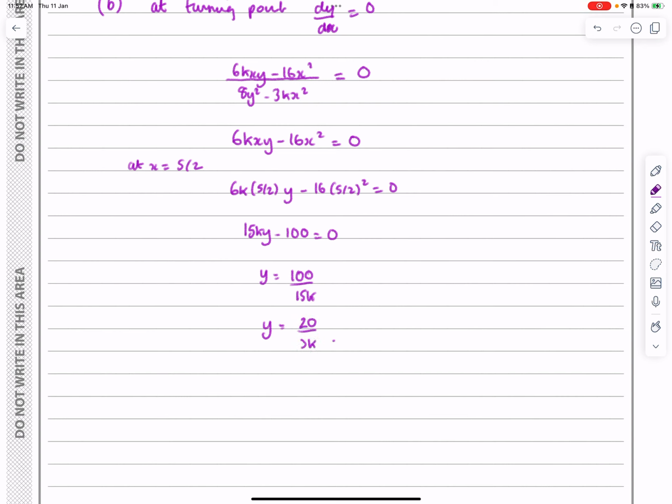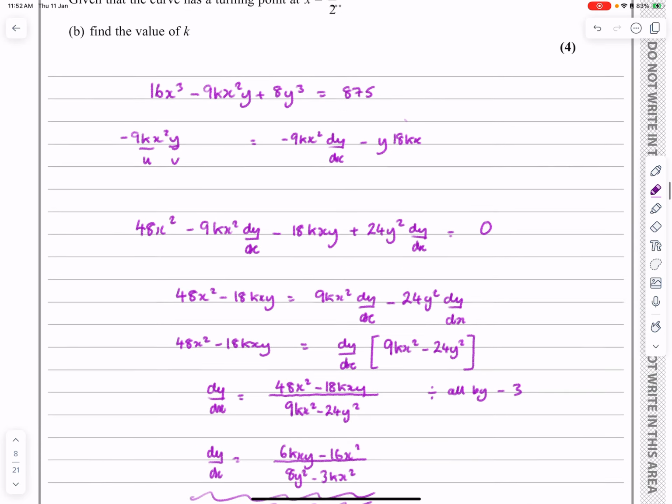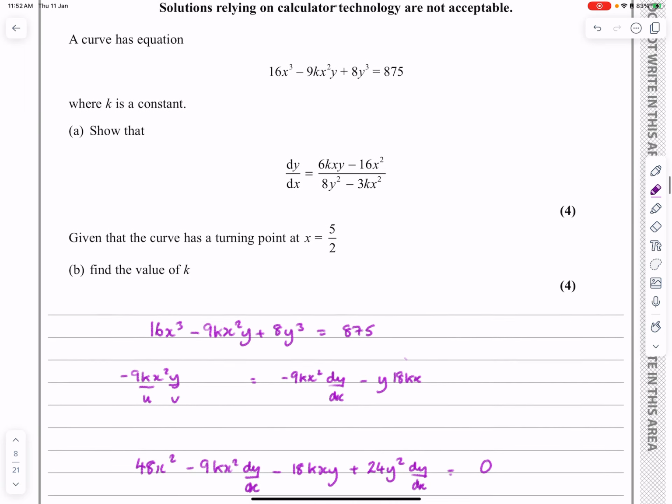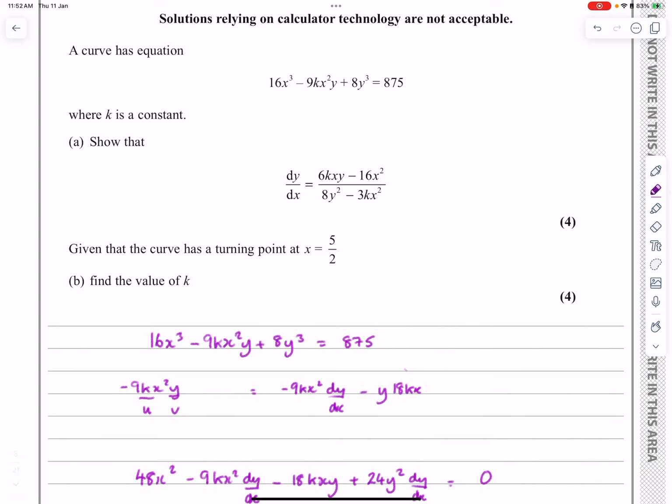So what they want, if you go back and look at it, is they've said, can you find the value of k? Well, what we know is if I put that back into the original equation, I know x is equal to 5 over 2, and I know obviously the whole thing is equal to 875, and I know y is going to be equal to 20 over 3k. So the only thing I'll have then is k as the unknown.